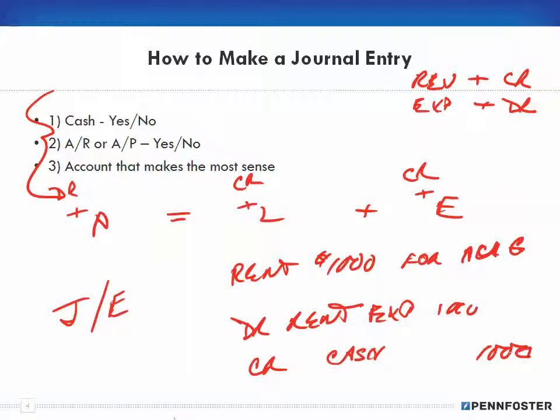That's memorized, that's internalized. But when I'm going through those journal entries in the homework exercises, I'm going to be working through and speaking through this thought process so that you can determine that journal entry, so that the process becomes ingrained in you until you are internalizing the journal entries, and anytime you come across an entry you don't know, you have something to fall back on in order to make the journal entry the correct way.